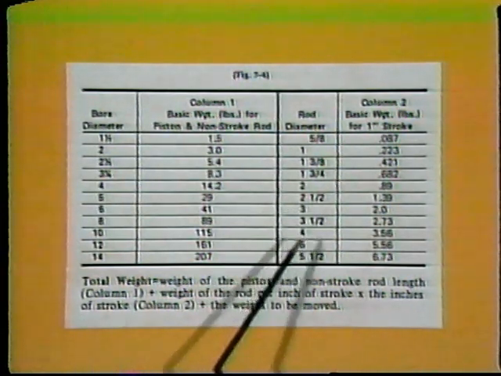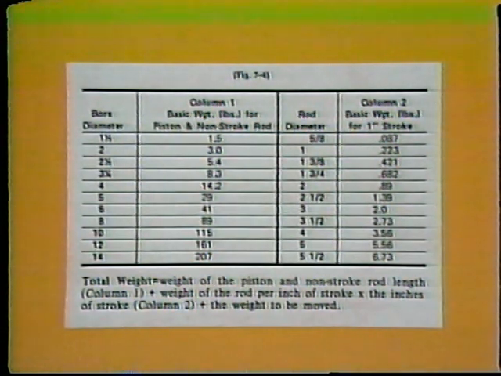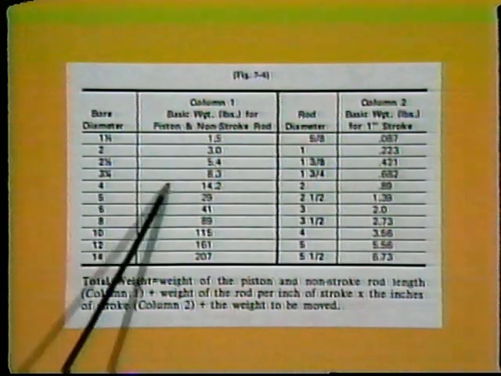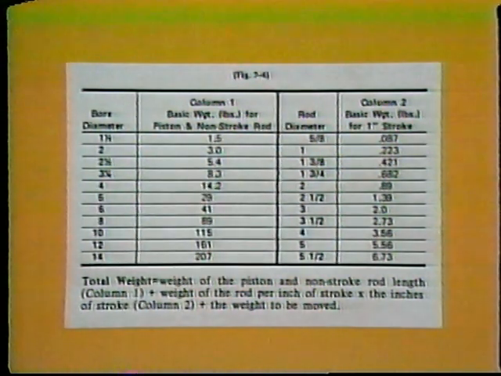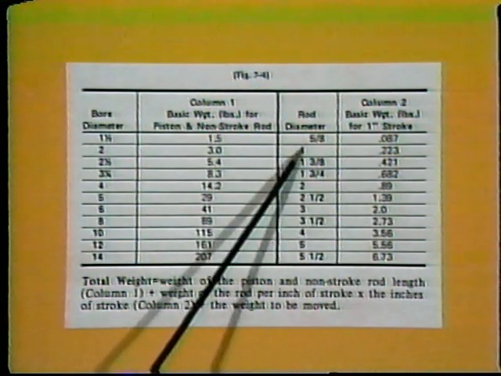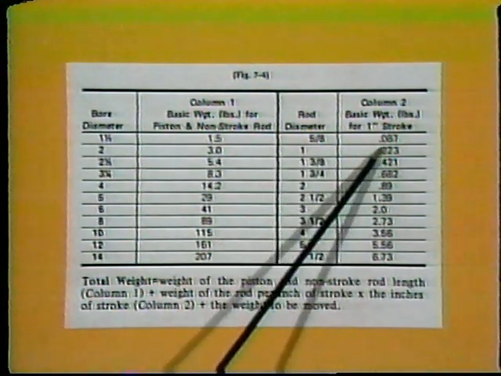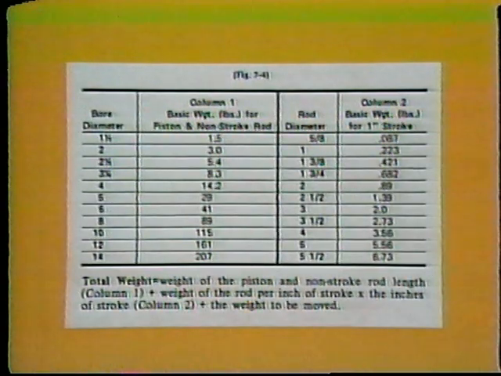The combined piston and non-stroke rod weight for our 4-inch bore cylinder is 14.2 pounds. The weight for the 1-inch piston rod is given as 0.223 pounds per inch. And since our stroke is 30 inches, we'll just multiply 0.223 by 30 to get the rod weight.